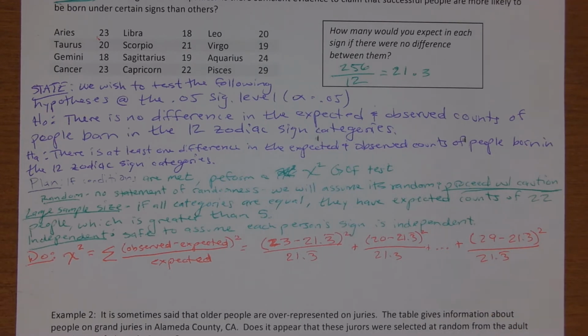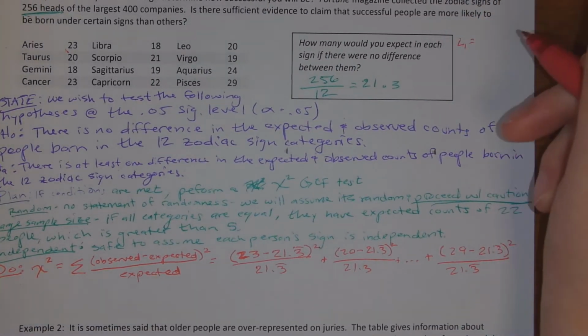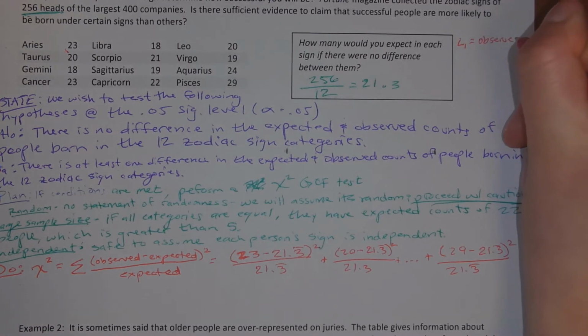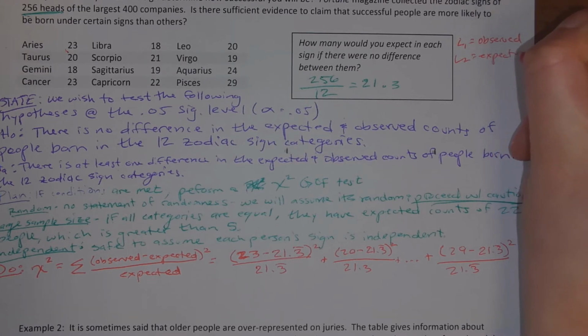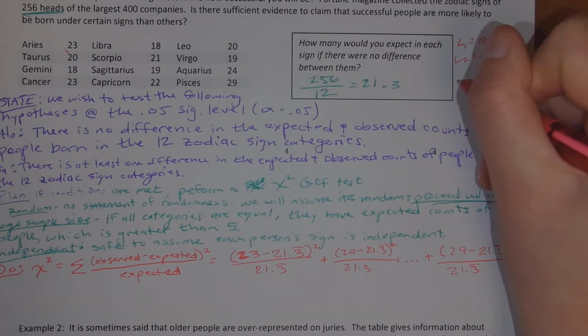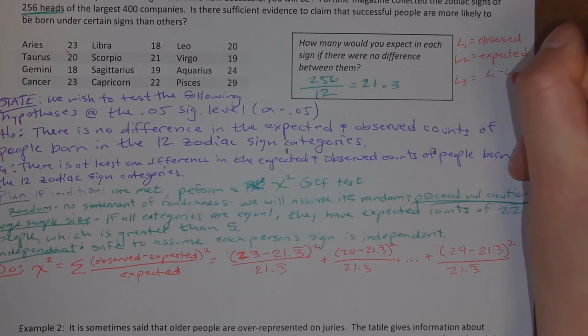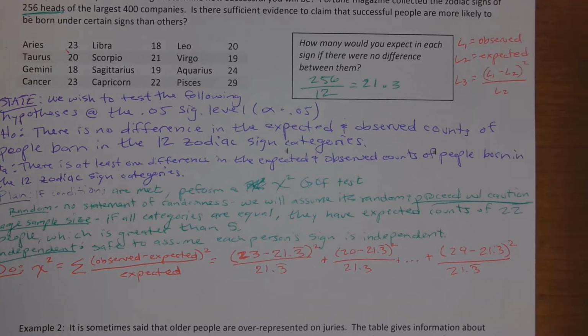So what I would recommend you do here is, into L1, put your observed values. Into L2, put your expected values, which in this case would be a long list of 21.3s. And for L3, you can put in L1 minus L2 squared over L2.